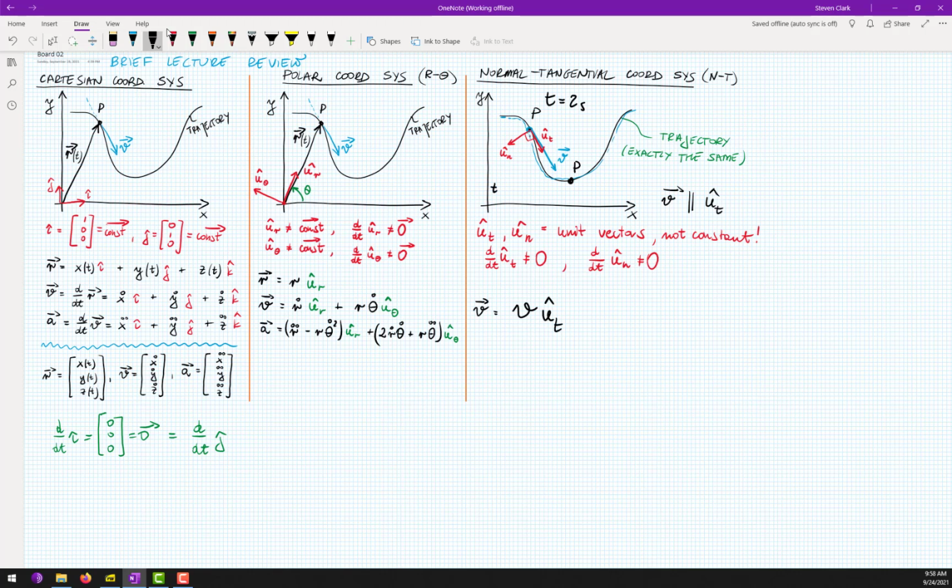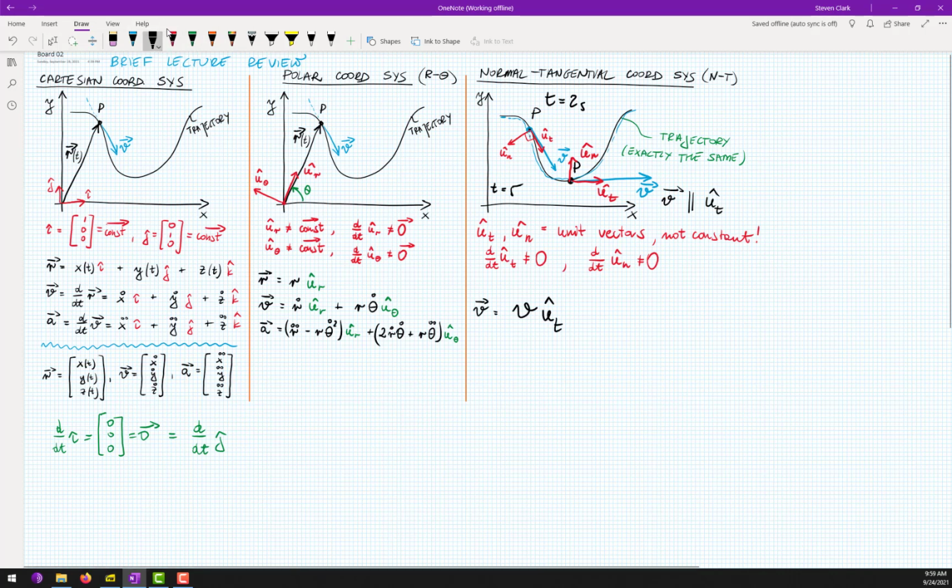So our velocity, let's say, will be pointing this way. Yep. You can clearly see that u_t changed direction. And u_n as well. u_n will be pointing this way, always inside the curvature, inside that oscillating circle, okay?